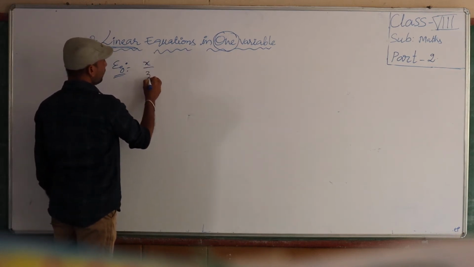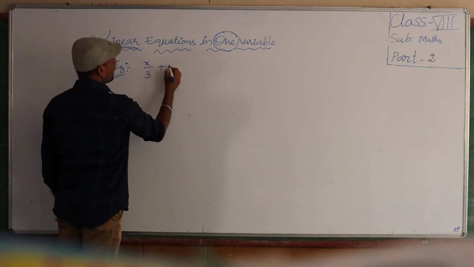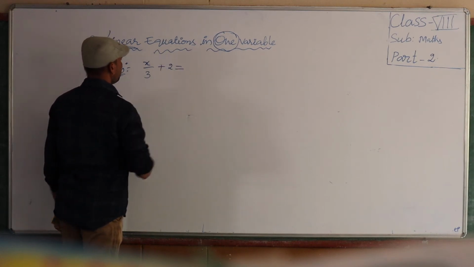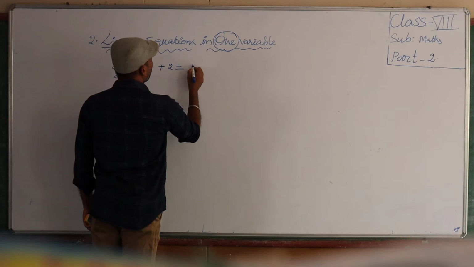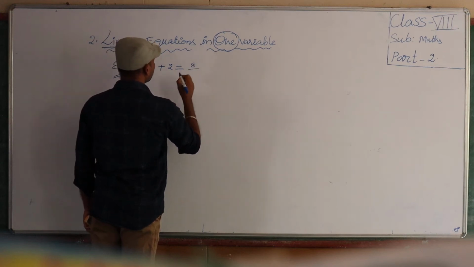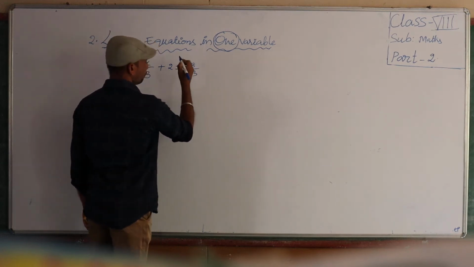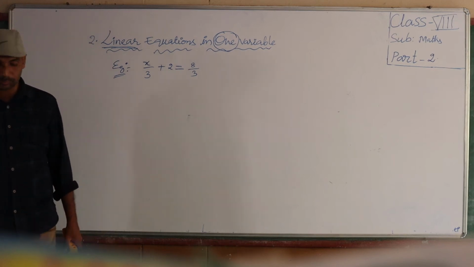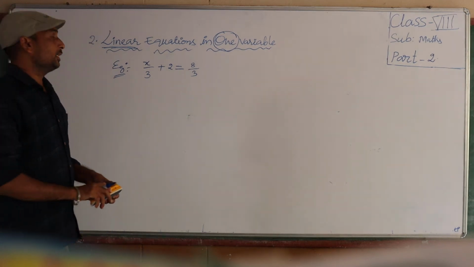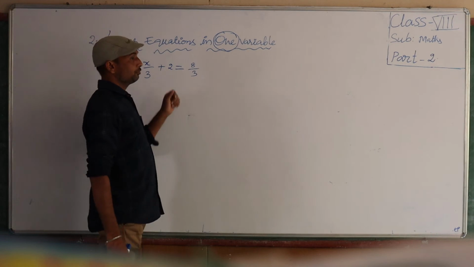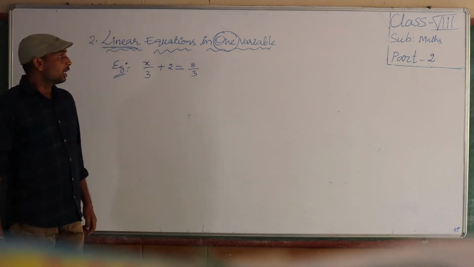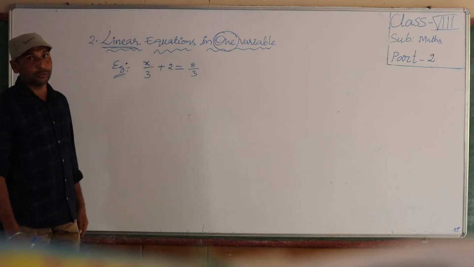x by 3 plus 2 is equal to 8 by 3. See here, observe carefully. Here they have given fractions also. So here we can do it two ways.